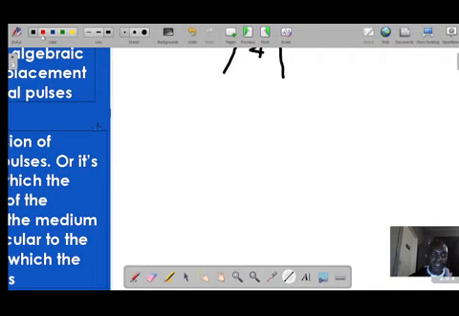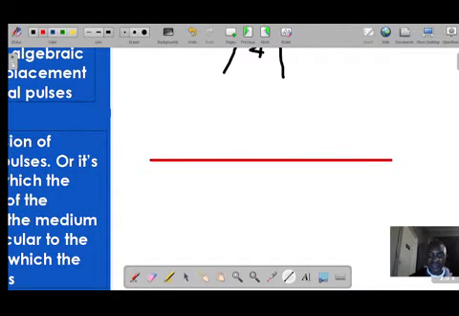However, if I had something like this, watch this, and I have my position of rest like this one here. This is my equilibrium position, or you can call it position of rest. This time I have my two pulses again.